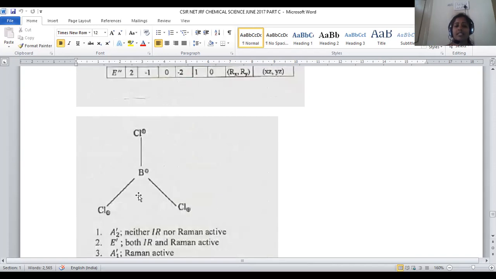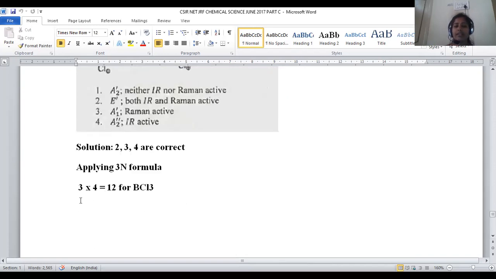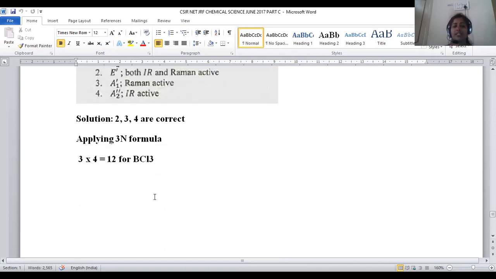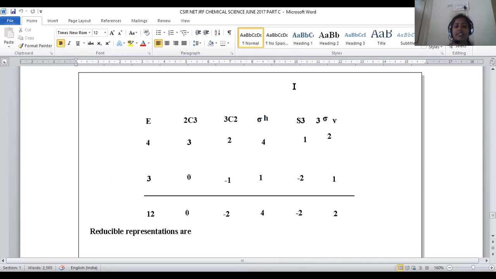How many atoms are present in the BCl3 molecule? 4 atoms are there. 3 into 4 will become 12 for the BCl3 molecule, right? So when we apply the 3N formula, 12 is the value for the BCl3 molecule. So it is represented like this. In order to get this, E, 2C3, 3C2, sigma h, 2S3 and 3 sigma v values are taken. 2 different possibilities are taken, and we are going to take the product of these two.